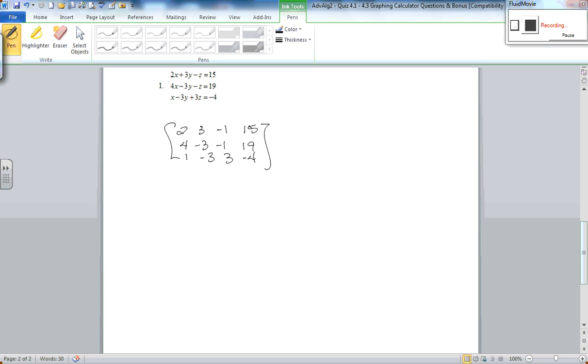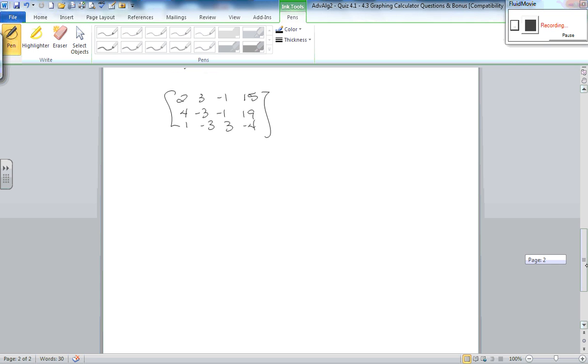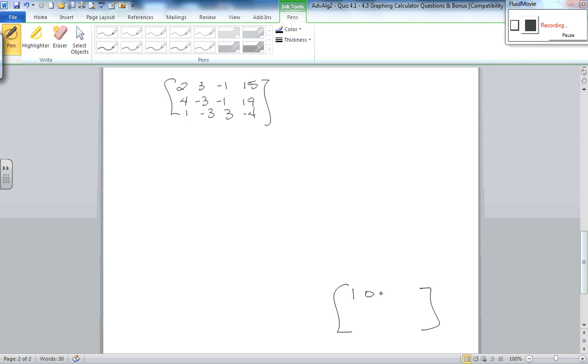Now, to row reduce this, our whole objective is to get this augmented matrix down to a reduced row echelon form, which means we have a 3 by 3 identity matrix, augmented here with our solutions, whatever these numbers might be.